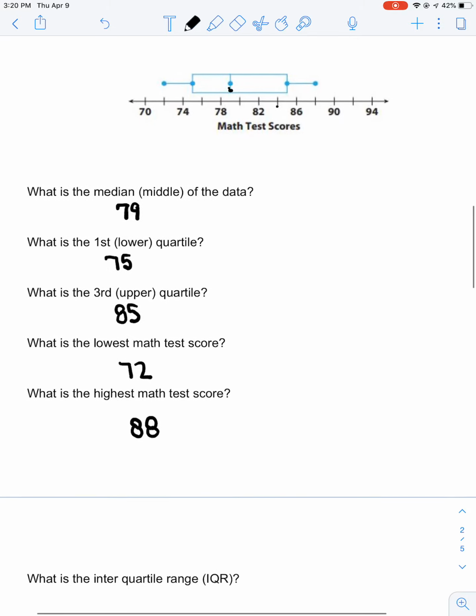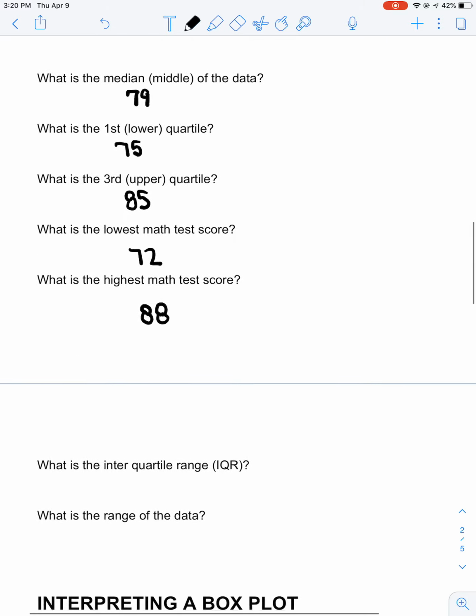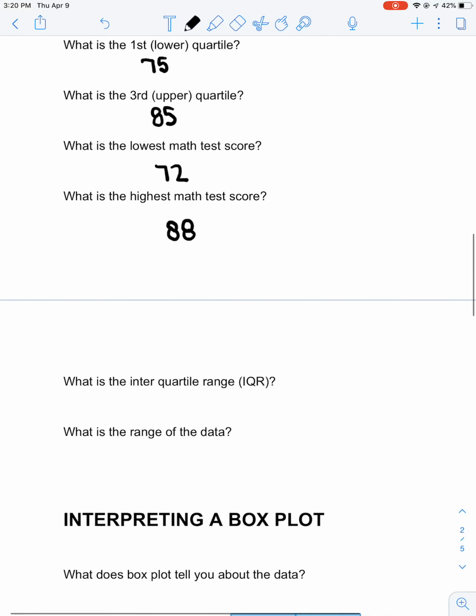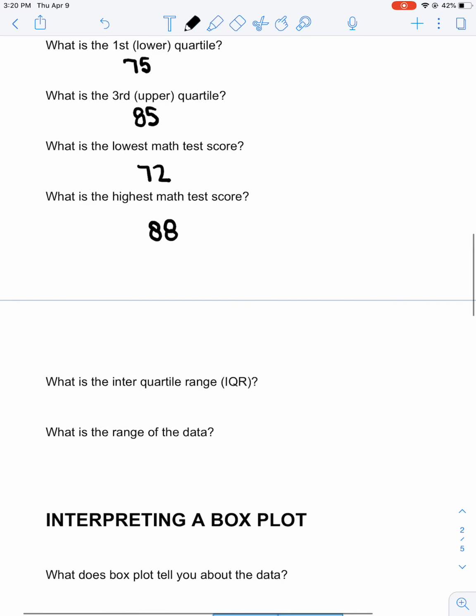Then our interquartile range, so the difference between our upper and our lower, would be 85 minus 75, would be 10. And our range would be the difference between our highest and lowest numbers, so it would be 85.